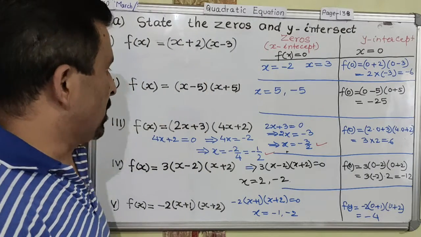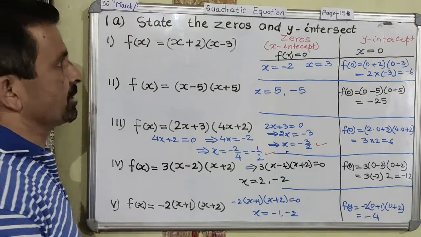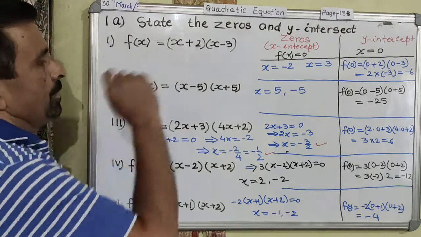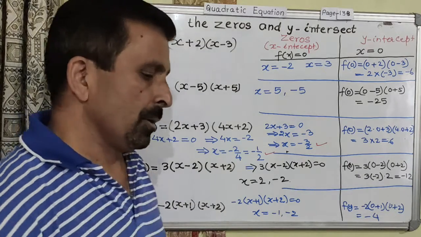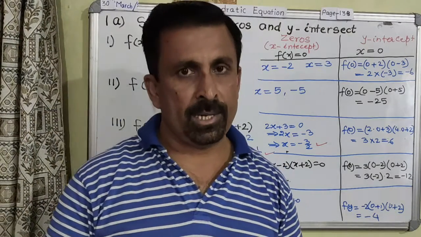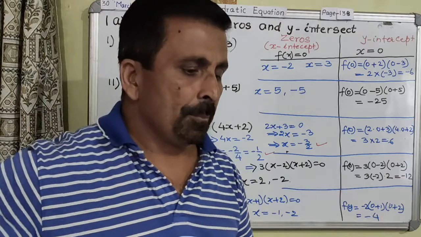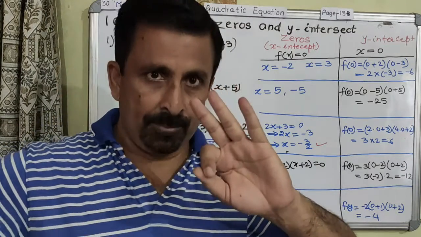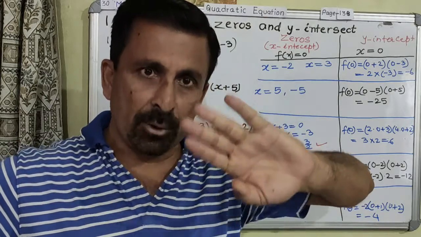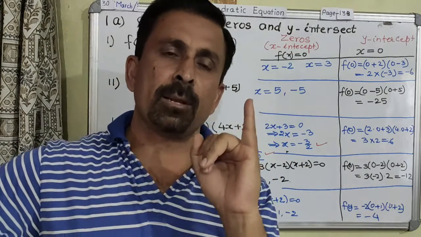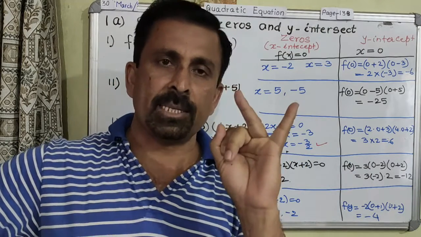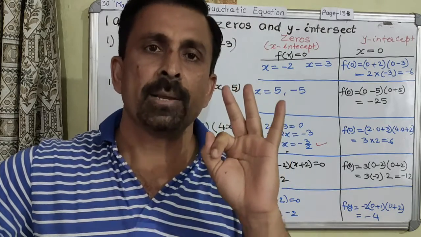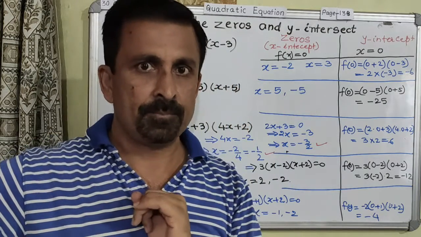Here itself I will try to give you the vertex. How do we calculate the vertex? You have already seen this in the previous video. Vertex is the second step. In the sequence, the first step is calculating the x-intercept, the second step is calculating the vertex, and the third, last step is calculating the y-intercept.